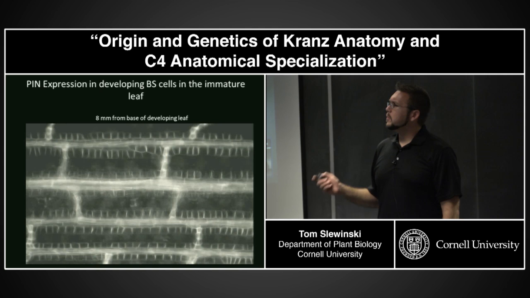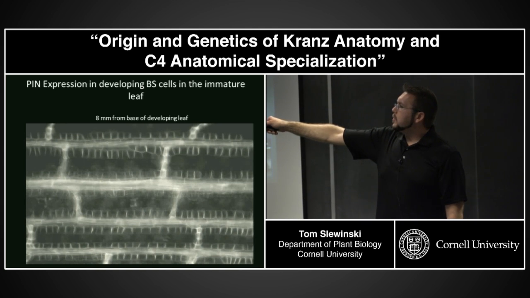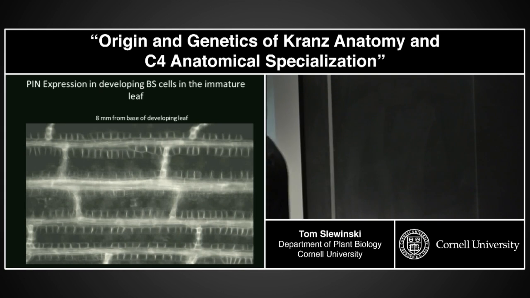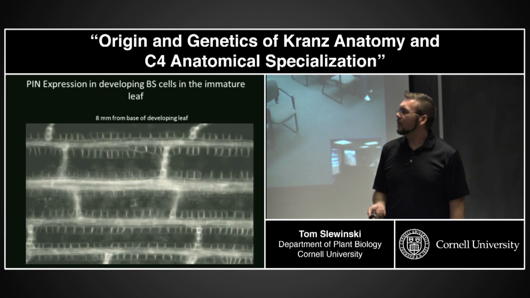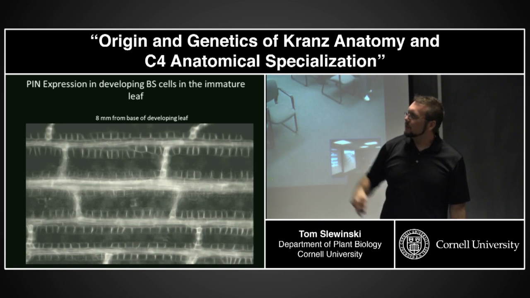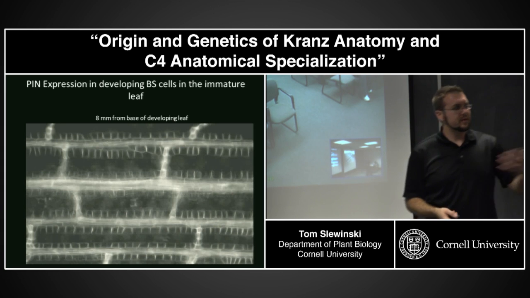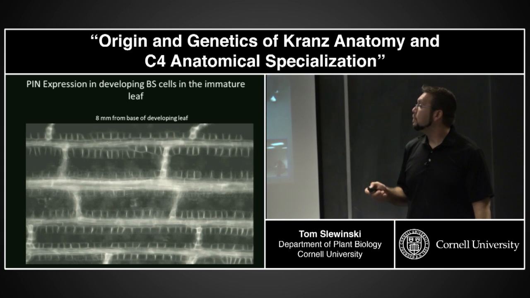So it seems to be something specific about C4 plants that they are able to express PIN in a polarly localized fashion in a high expression pattern in the bundle sheath. Something specific about C4 and auxin. And we'll come back to this in a bit, but this was a new finding that C4 plants are able to conduct auxin and PIN.